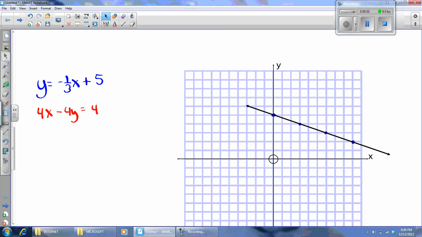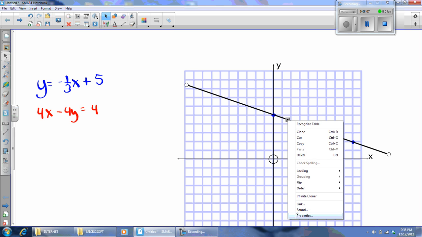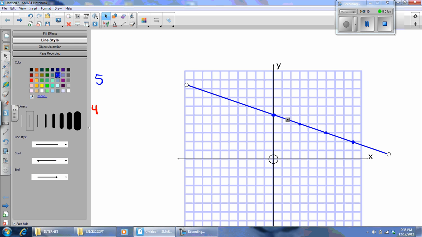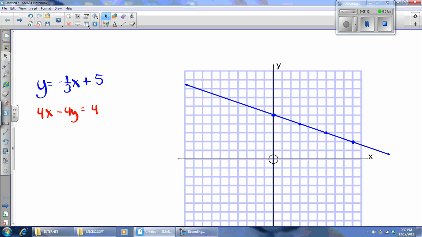Now for the standard form one, I'll make a t-table, x and y. I'm going to put 0 in for x, and I get negative 1 out for y. And I'm going to put a 0 in for y and get 1 out for x. And so it looks like I'm going to have a slope of 1 over 1. Now watch this. Ooh, you can't tell exactly where these lines are going to cross, can you?